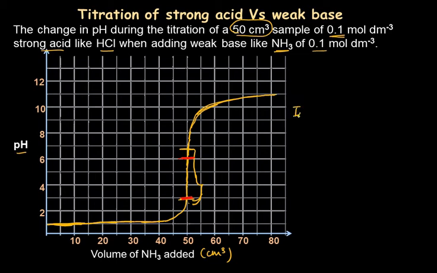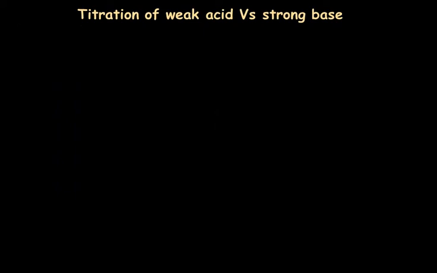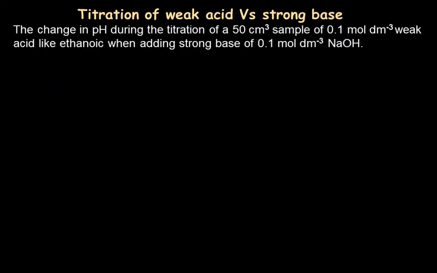So the indicator in the range of 3 to 6.5 or 7 can be either litmus or methyl orange. These are the two indicators that are suitable for the titration of a strong acid with a weak base. Now let's see the titration of a weak acid with a strong base.